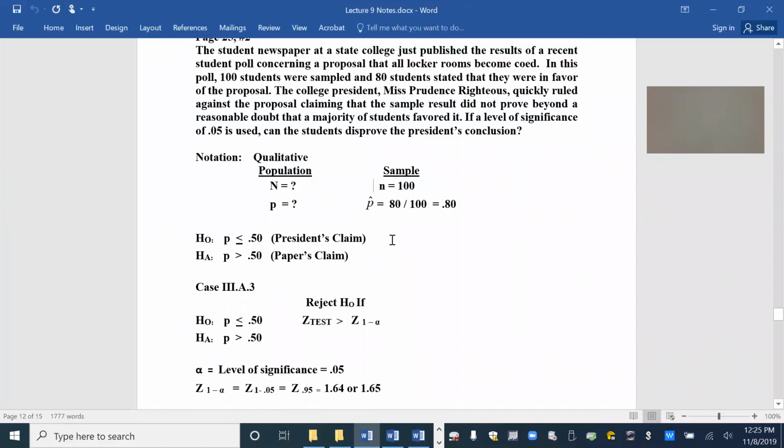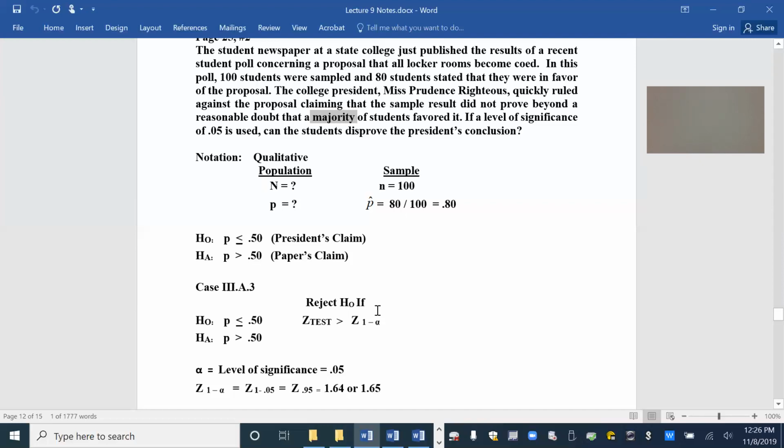Next, what are we trying to prove? Student newspaper is trying to prove what? That the proportion of students in favor of this proposal is a majority. What's a majority? Anything over 50% is a majority.